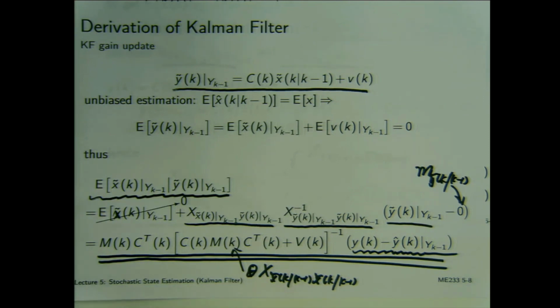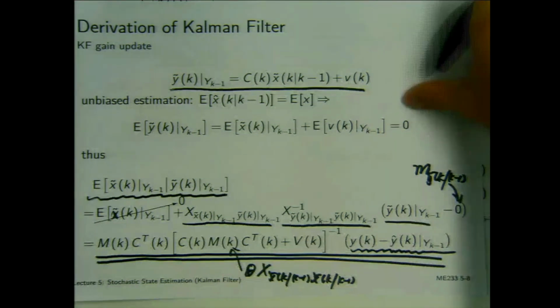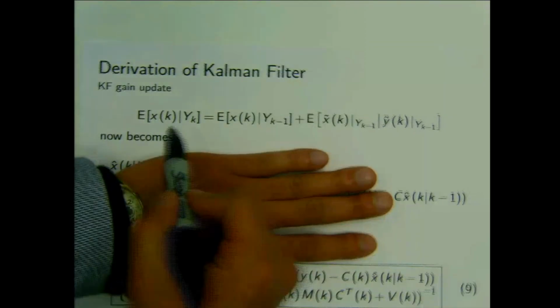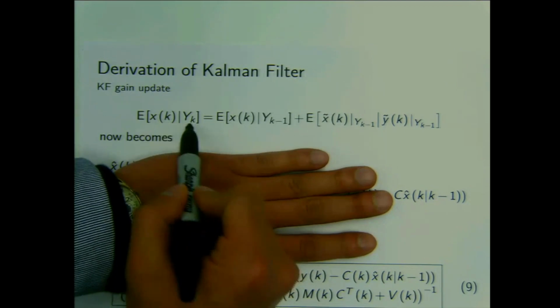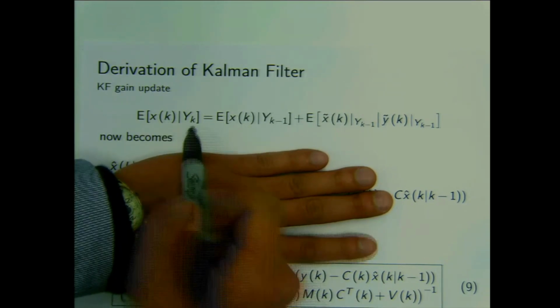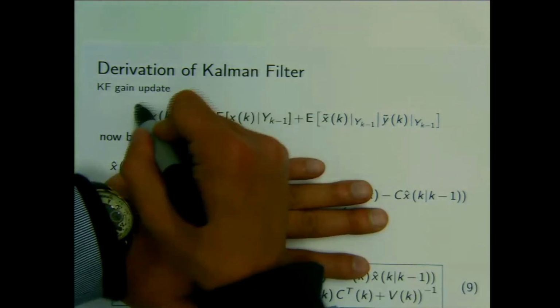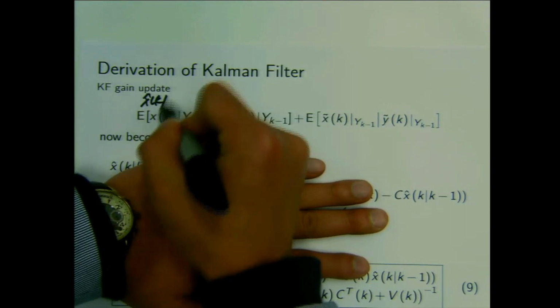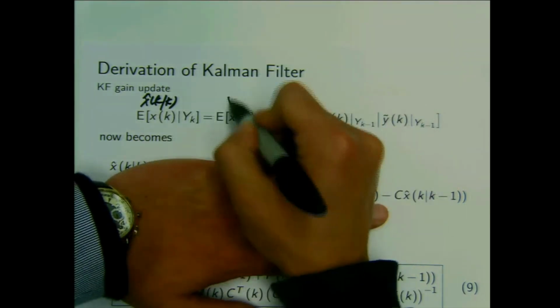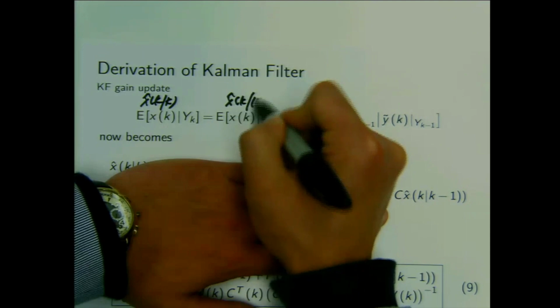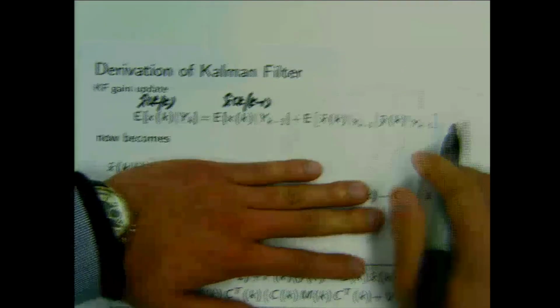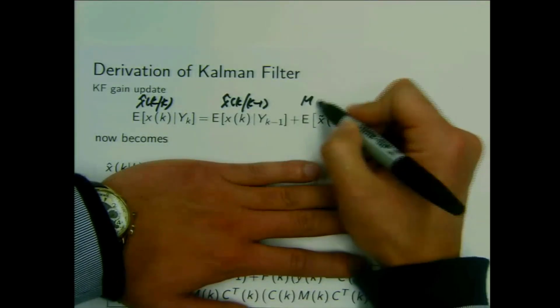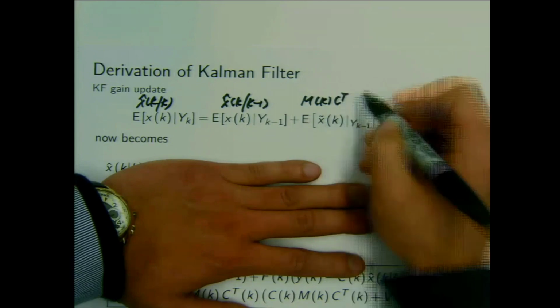So now we have, if I want to estimate xk given yk, all the information up to yk, then in the notation it's going to be x hat k given k equals x hat k minus 1, and then this term is going to be mk C transpose.